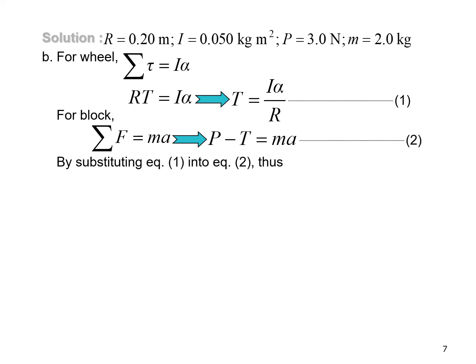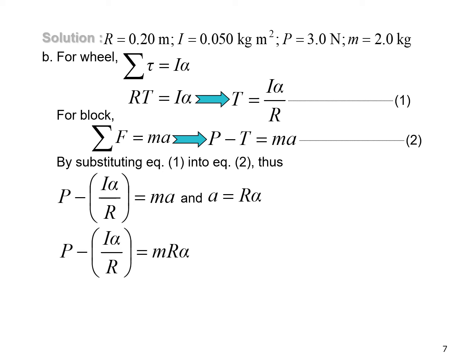Then what we do is substitute equation 1 into 2. So you expand the value of T. Since we are going to calculate the angular acceleration, and over here a is linear, what you can do is make it angular, where a will be equivalent to r times angular acceleration.